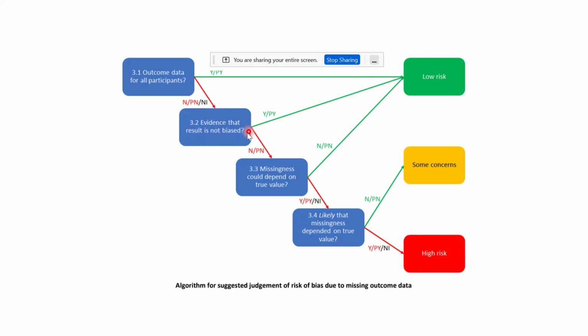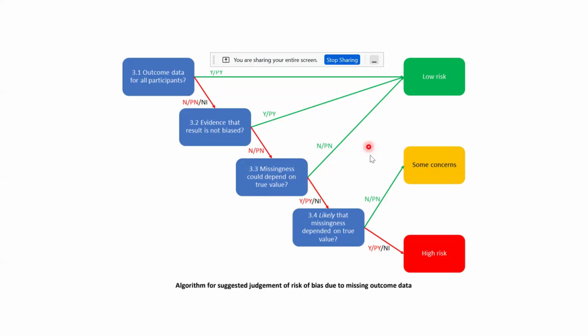And if there is no evidence that the result is not biased, then we go to 3.3, where our question is: could missingness depend on the true value? We know that there are certain characteristics of participants which might influence them to not come for follow-up for the outcome measurement.